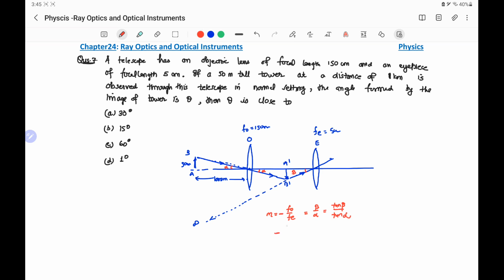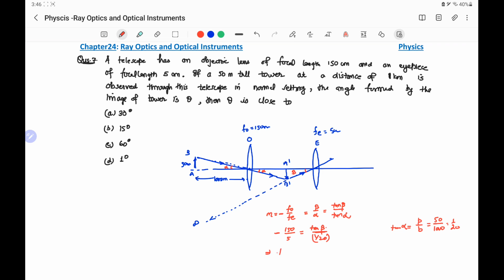Minus focal length of objective is 150 centimeter divided by focal length of eyepiece, 5 centimeter, equal to 10 beta divided by 10 alpha. 10 alpha we can calculate from the figure, that is perpendicular by base. Perpendicular is the height of tower, 50 meter, and base is 1000 meter, so it will be equal to 1/20. We replace it here.